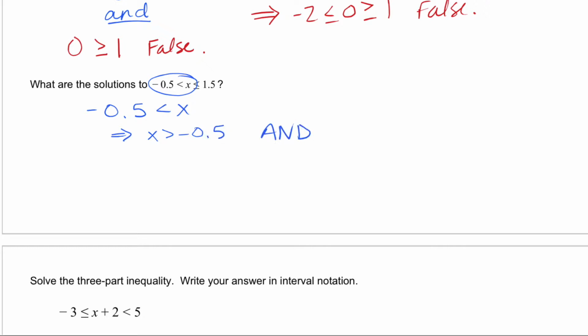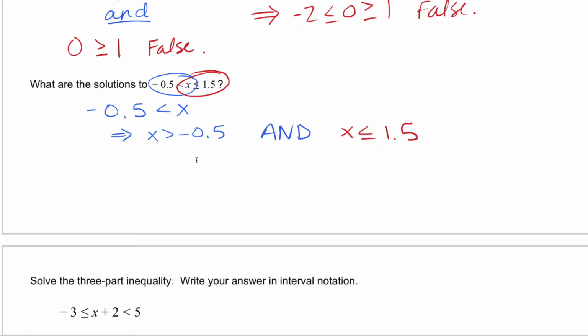And it has to be true for the second inequality, x less than 1 5/10 or 1.5.